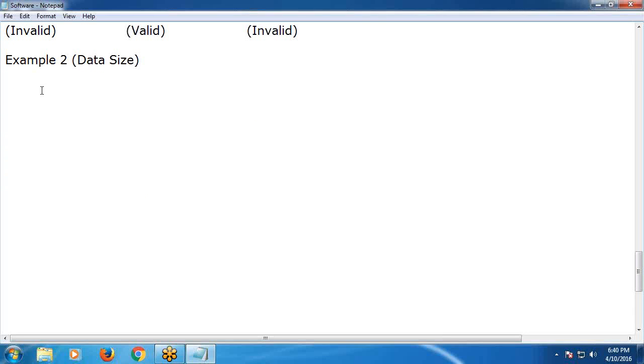Here the example is customer identification number. The customer identification number field accepts only numbers.